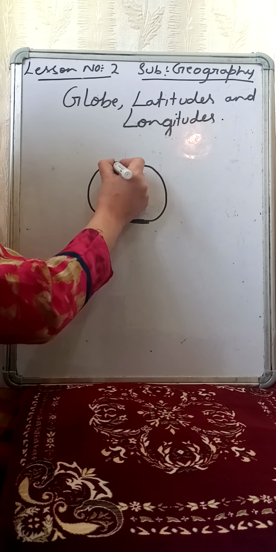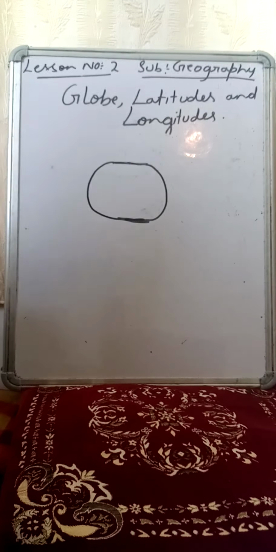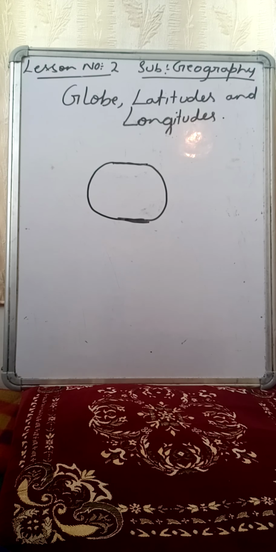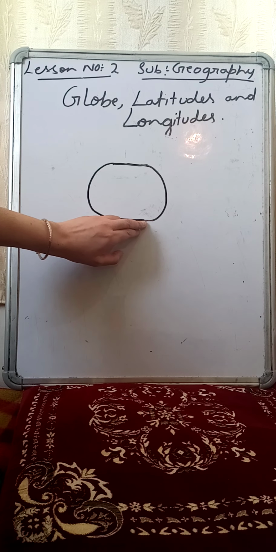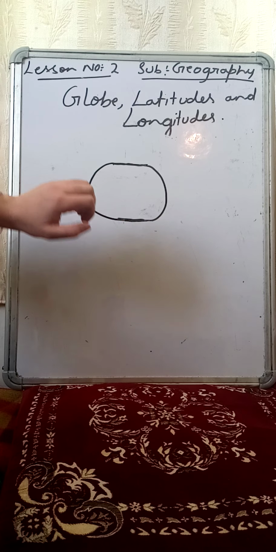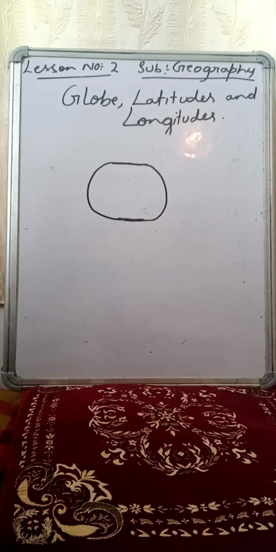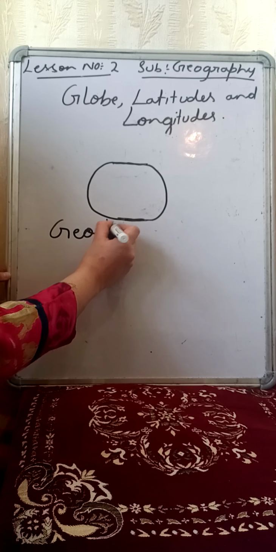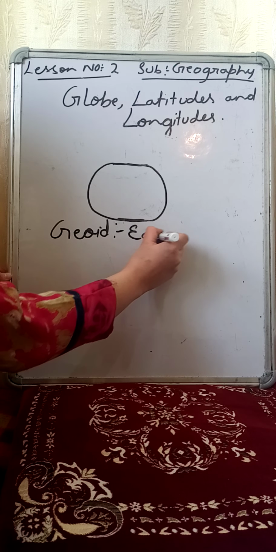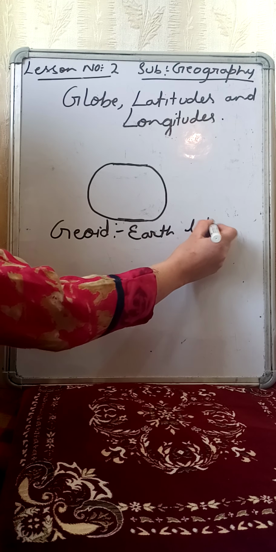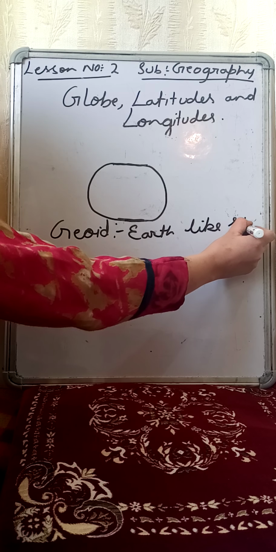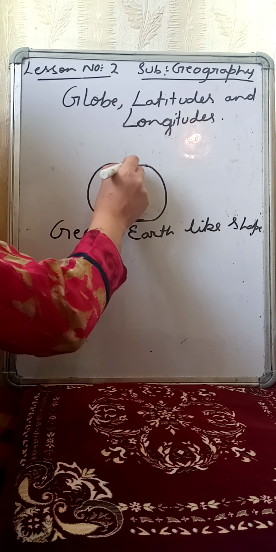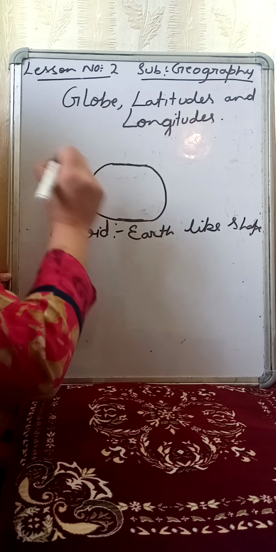So it has its own shape, and the name of the shape is geoid. Geoid means earth-like shape, which is flat at the top and at the bottom.